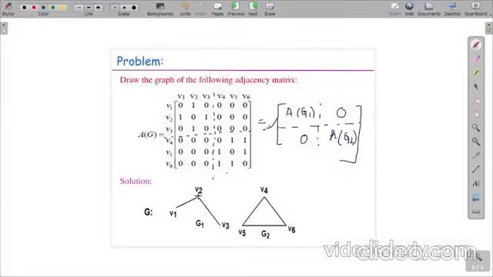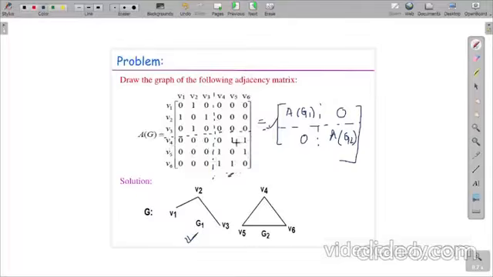Then V1 connects V2. V2 connects V1 and V3. V3 connects only V2. That is done. This is G1. These two are null matrices, and this is the place for A of G2.